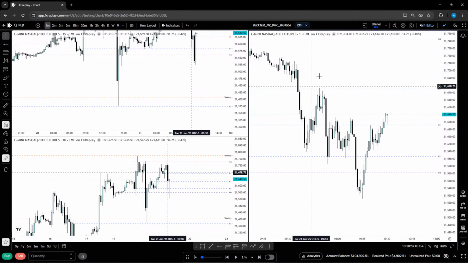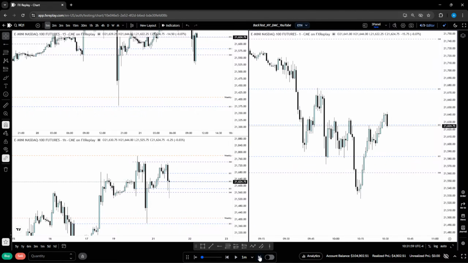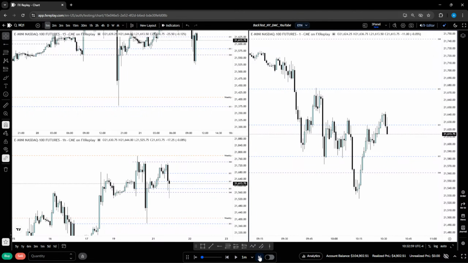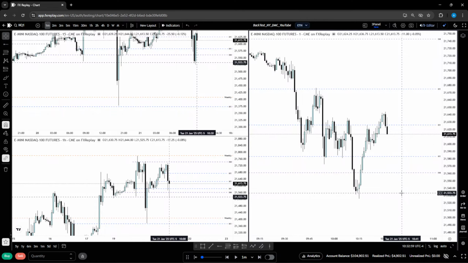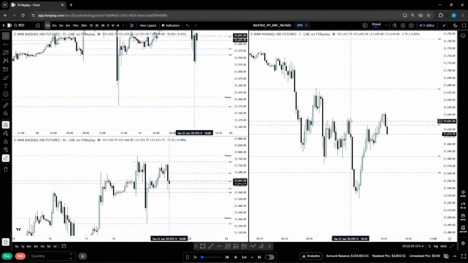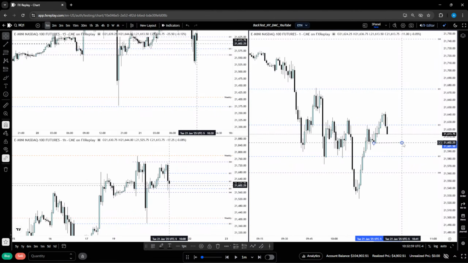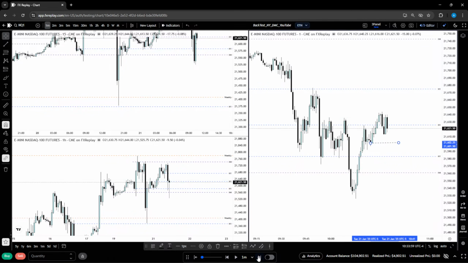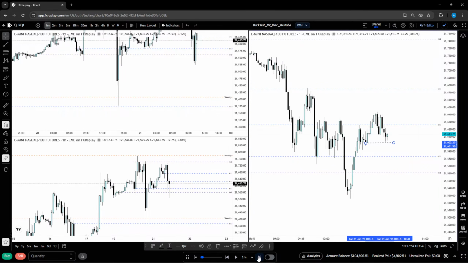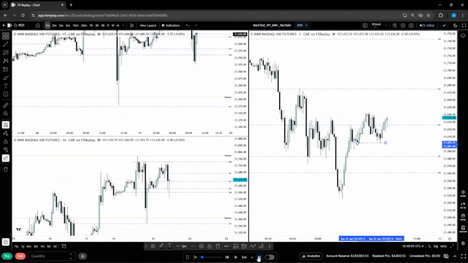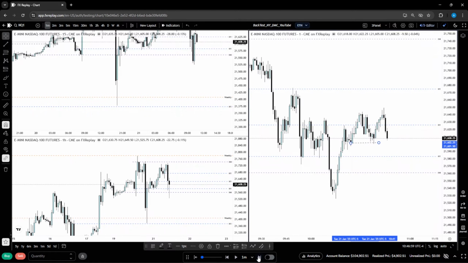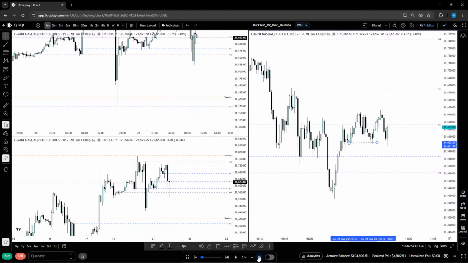Now we'll see if we get a failure swing off of this level. Need to close below this level first. Which we are not. So another sweep.